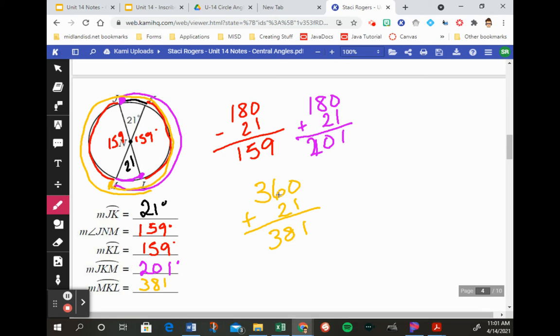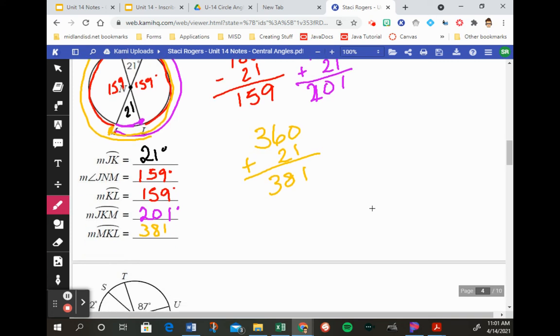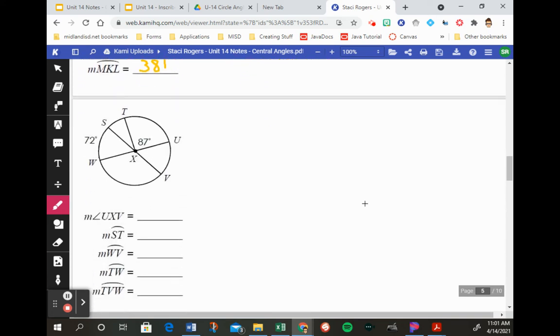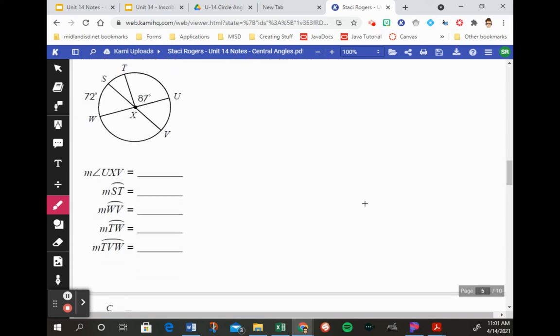Okay, so let's see what else we have. All right, so here we are with another example. We need the measure of angle UXV. Well, we don't have enough for that one right now. So let's go ahead and label what we do have. WXS is 72. How do I know that?